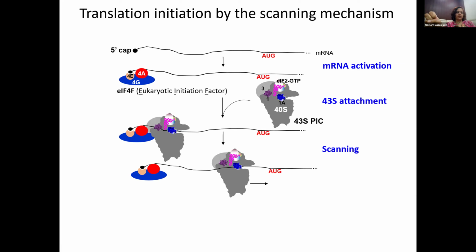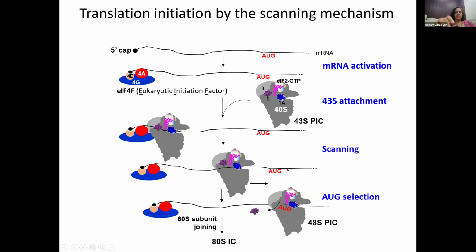And this process of translation initiation is best explained by the scanning mechanism, in which the ribosomes move along the mRNA to locate the correct start codon. And once the small ribosomal subunit has reached the start codon on the mRNA, only then is there a structural rearrangement and the elongation process of translation begins.